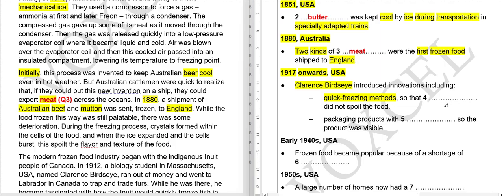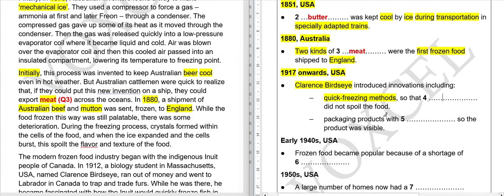So here in this blank we have to write something that usually spoiled the taste of the food, but because of quick freezing method, it, let's just call it x, did not spoil the food. So in the paragraph it may be written x used to spoil the food, and then Clarence Birdseye invented something that prevented this from happening, something like that. So you have to be very careful about that.